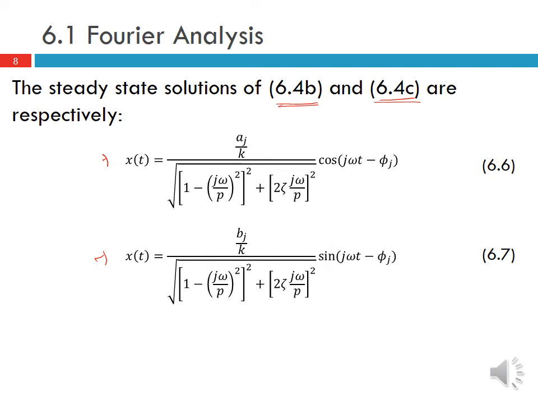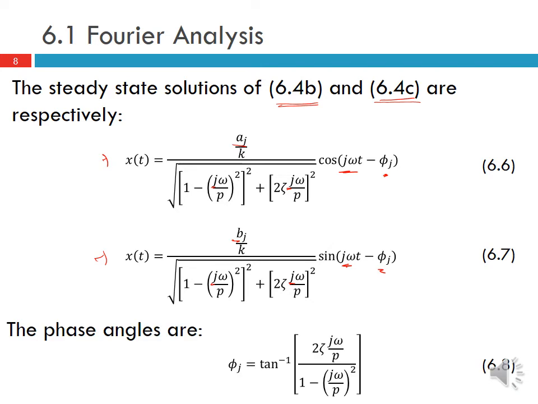So this is basically taking the previous results and applying them to our new equations. You see we've got aj's, cosine j omega t minus phi j, and similarly here, bj's, sine j omega t minus phi j. And the phase angles are given as shown here.